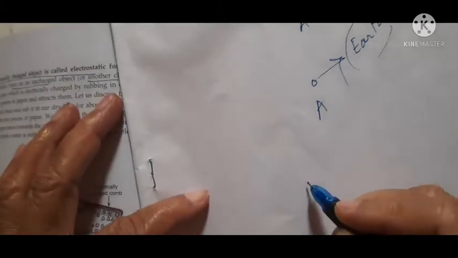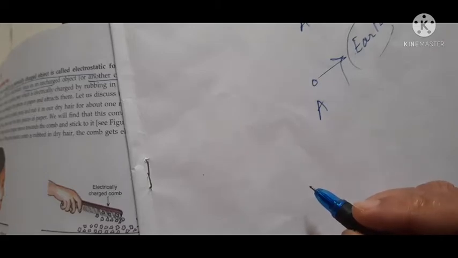The force of attraction exerted by the Earth on the objects is the gravitational pull of Earth. What is gravitational pull? Gravitational pull is the force of attraction only. As I told you, all the objects attract each other, and that is the gravitational pull.